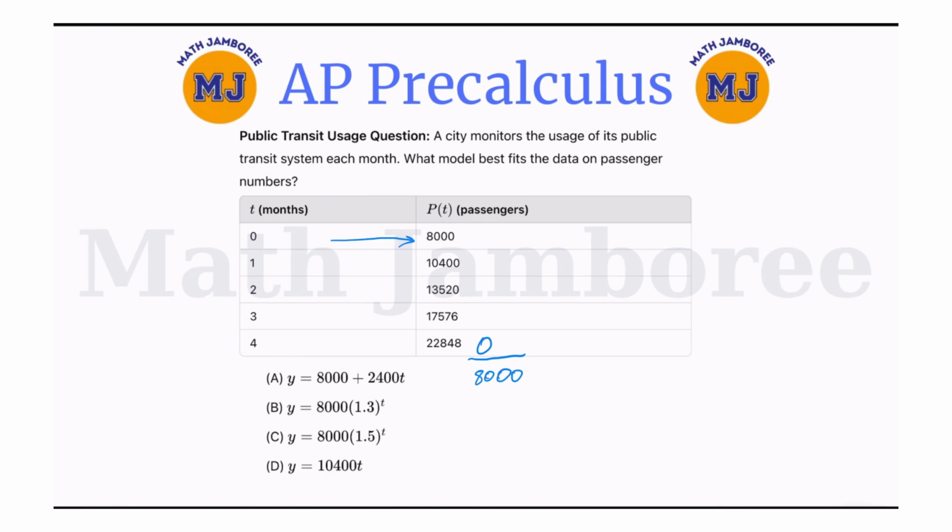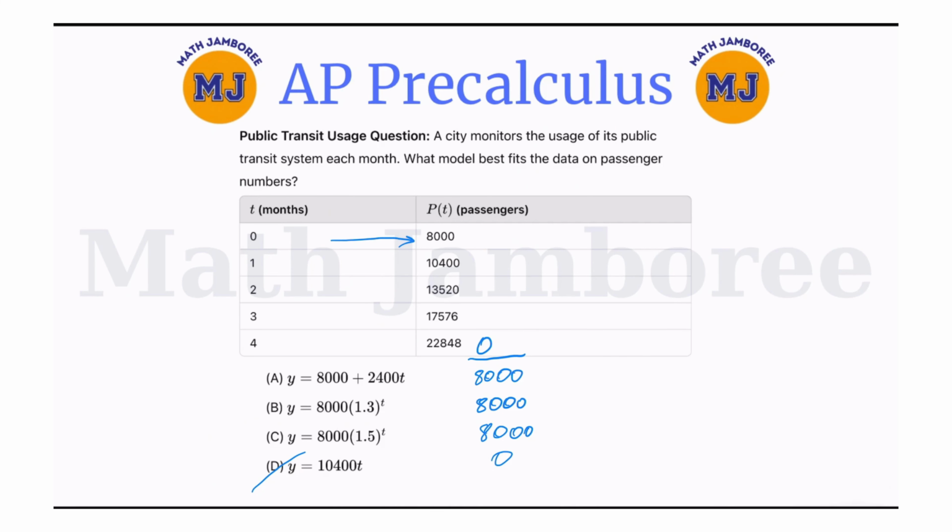So in choice B, 1.3 to the power of 0 is 1, times 8,000 still gives you 8,000. Choice C is exactly the same thing, because power of 0 makes it 1, that again is 8,000. In choice D, when you multiply that by 0, you don't get 8,000. You get 0. That's why you just eliminate choice D.